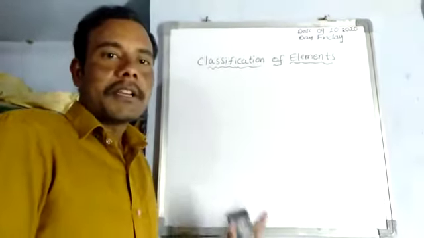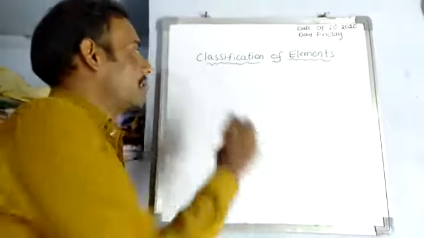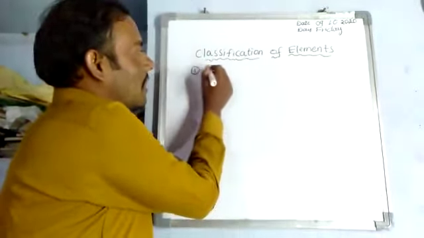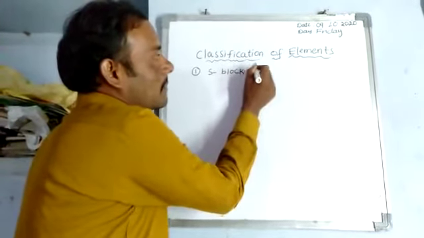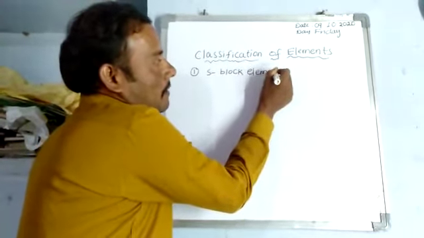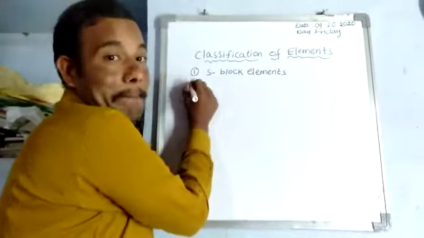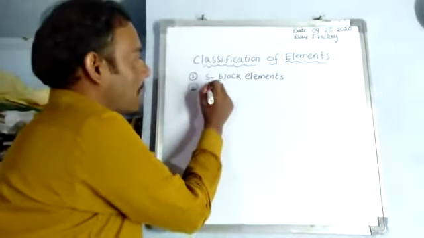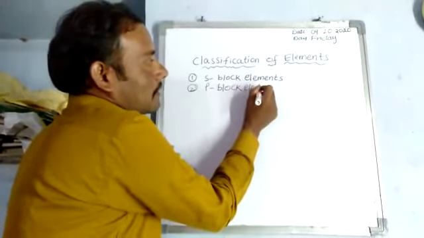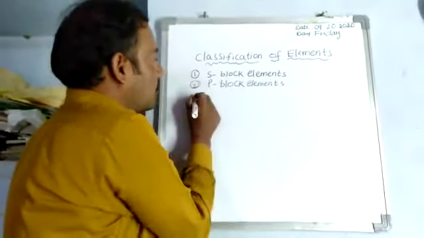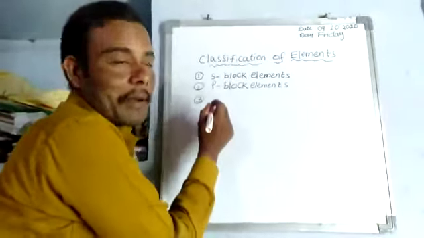So here elements are classified into four blocks. I am writing here four blocks. That is S block elements. The second one is P block elements. The third one is D block elements.